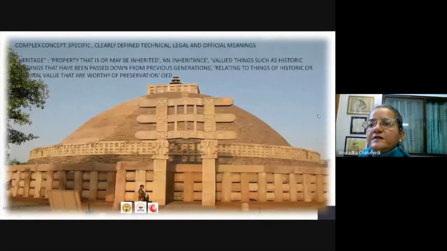So, as we can see, heritage is actually a very complex concept, but it is a concept that over a period of time has had specific, very clearly defined technical, legal, and official meanings.